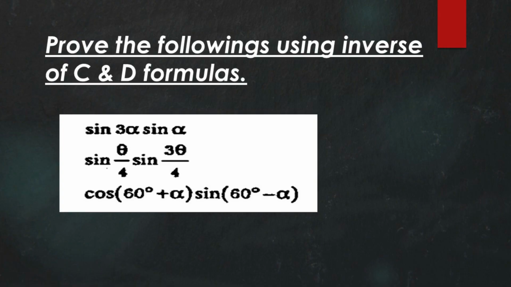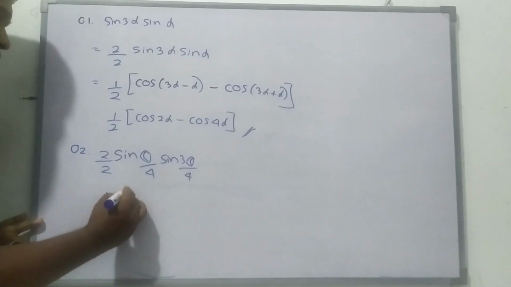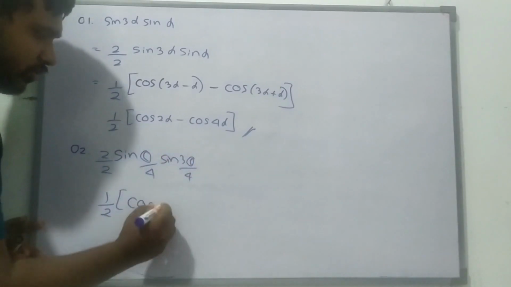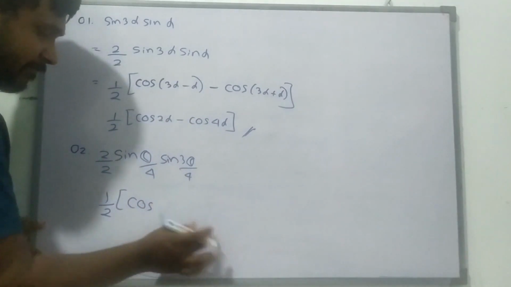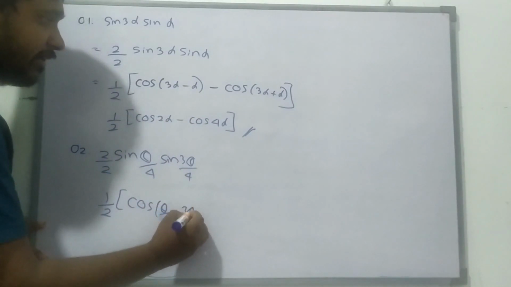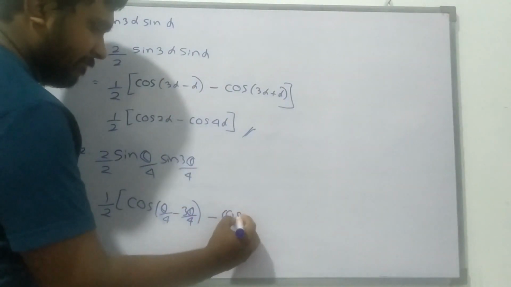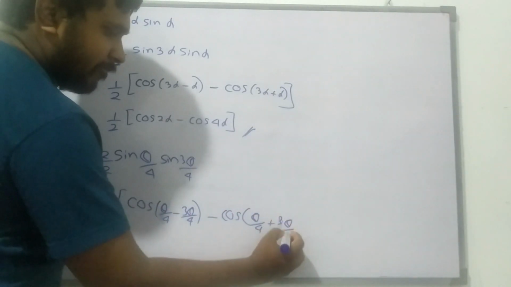And the second question, sin theta by 4 sin 3 theta by 4. Again it's sin sin, right? So I am just dividing and multiplying by 2. Then it's again cos addition, 4 theta divided by 4 is theta. Cos subtraction, theta by 4 minus 3 theta by 4, minus cos theta by 4 plus 3 theta by 4.